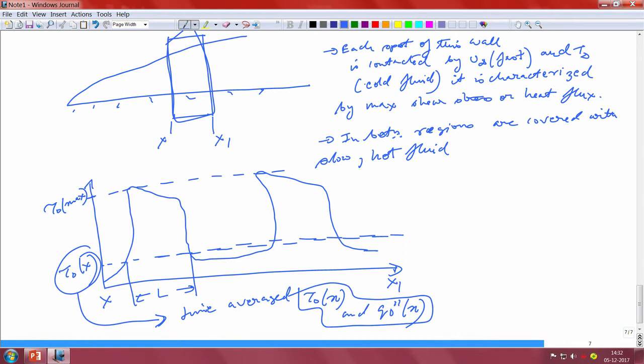Now tau naught t and q naught double prime t will vary in that length scale, which is x to x1. That is the emphasis.